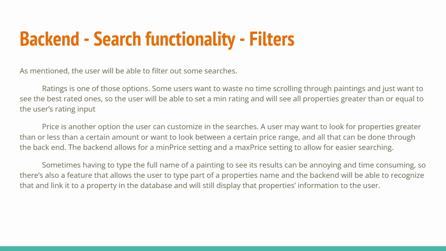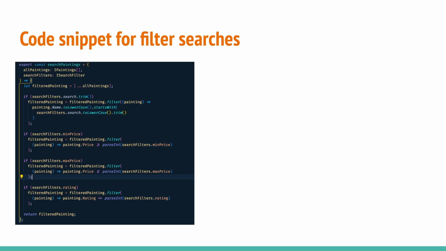Similarly for the min price, we filter based on the painting price being more than the min price from the search filter, and we do the same thing for the max price. Then looking down at the rating, if there's a rating in the search filter, we filter out only the paintings that have the rating given by the search filter, and then finally return the filtered paintings in the function.